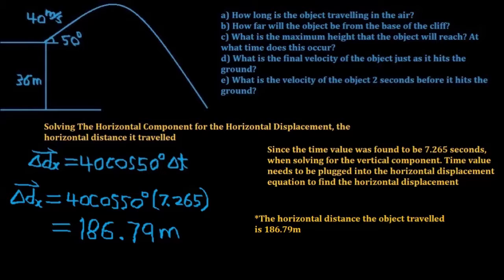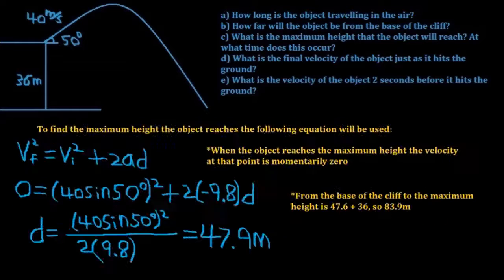So far, we have the total amount of time that this object has traveled, along with the horizontal displacement it has traveled. Now we have to find the maximum height the object reaches.